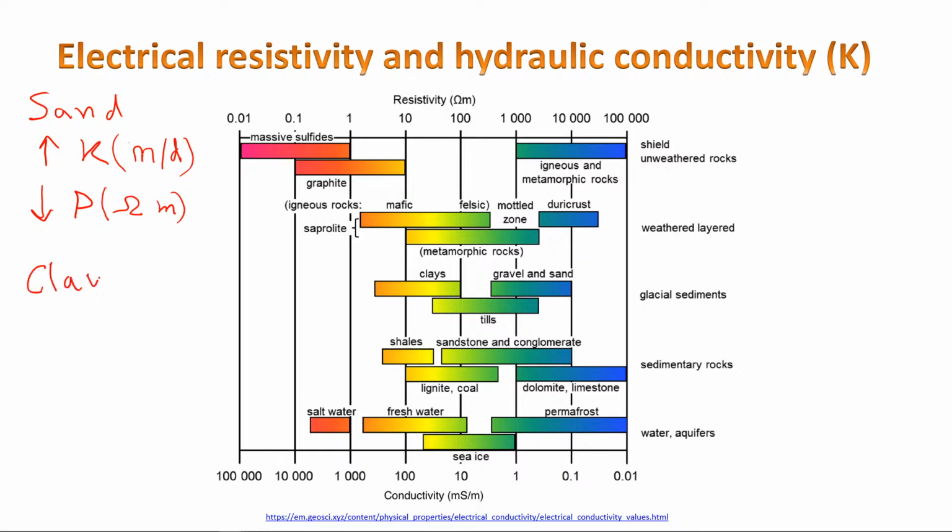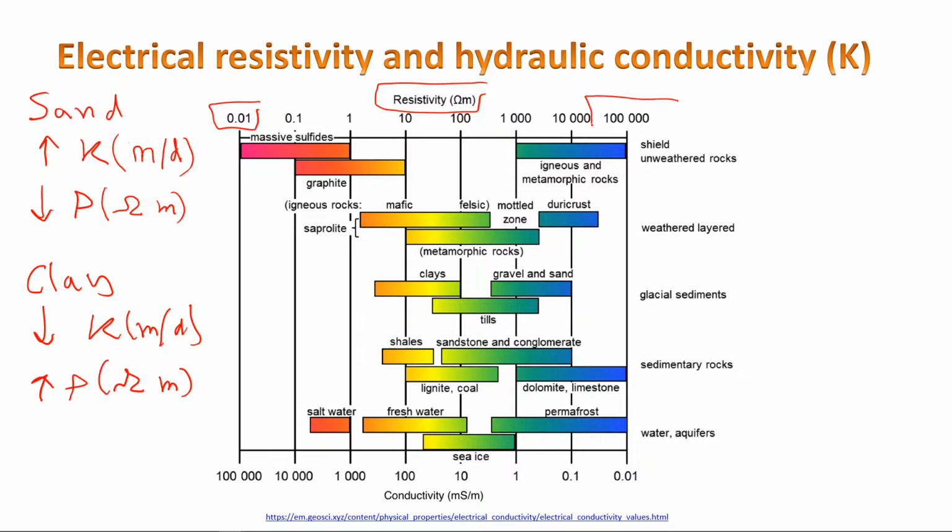Clay, for example, has a low hydraulic conductivity but high electrical resistivity. And that's what you see here. Here is the resistivity in ohm meters, on a log scale, and this is a very high resistivity.